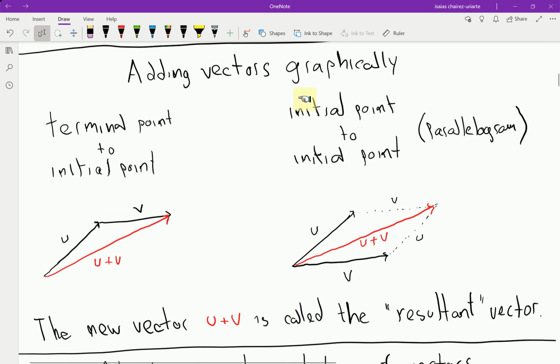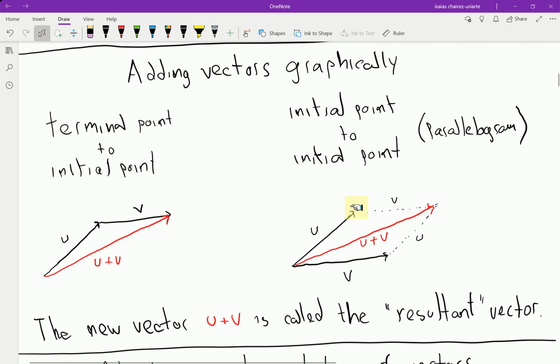There's this other more common way of adding vectors. It deals with what's called the parallelogram rule. And it's that you put the initial points together. So I have put the initial point of u and the initial point of v together. And then what happens here is you sketch a little parallelogram.